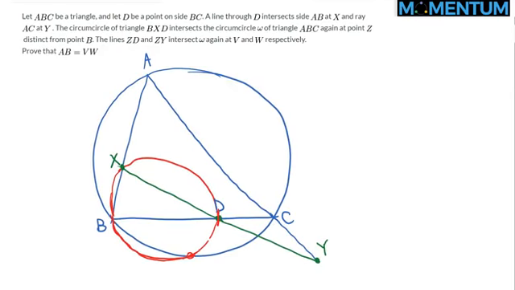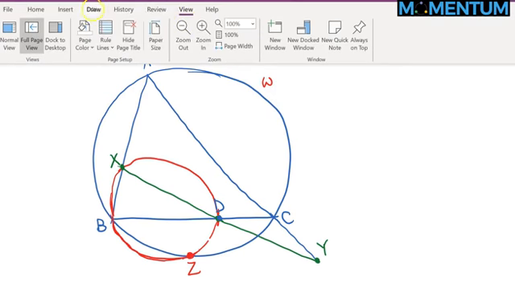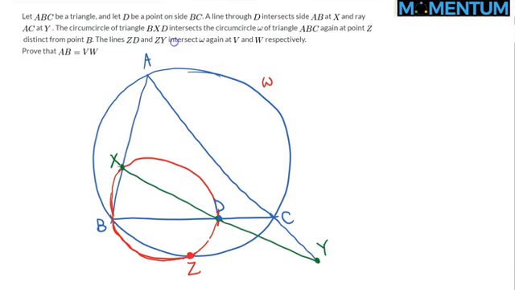So the circumcircle of BXD will intersect the circumcircle omega, omega is this guy, at the point Z here. That point of intersection is Z, and at that stage, we draw the lines ZD and ZY. Okay, so let's go ahead and draw maybe gray.